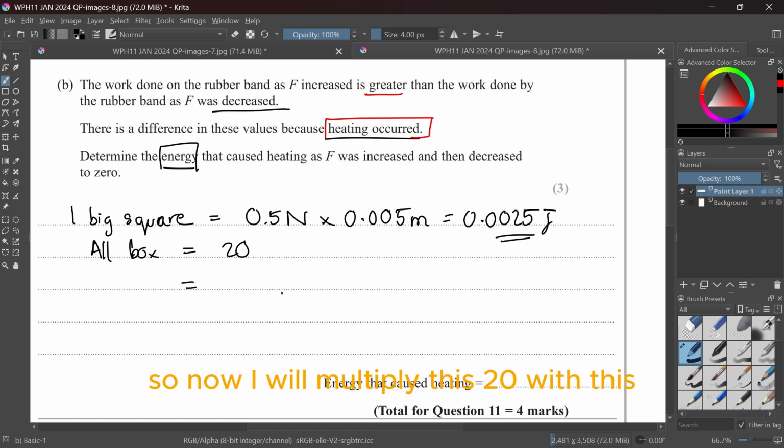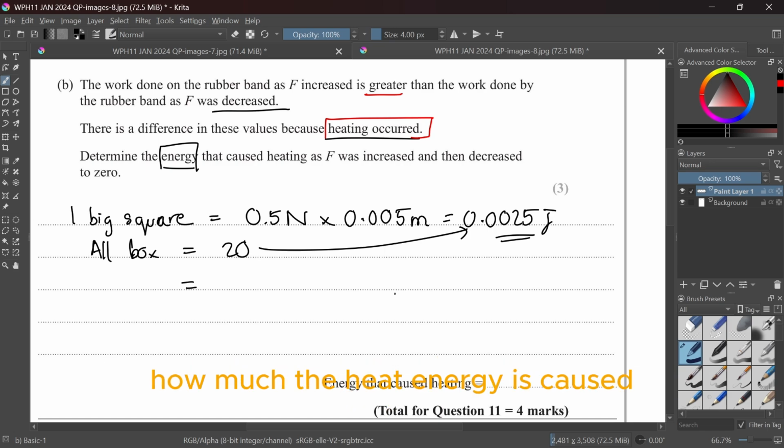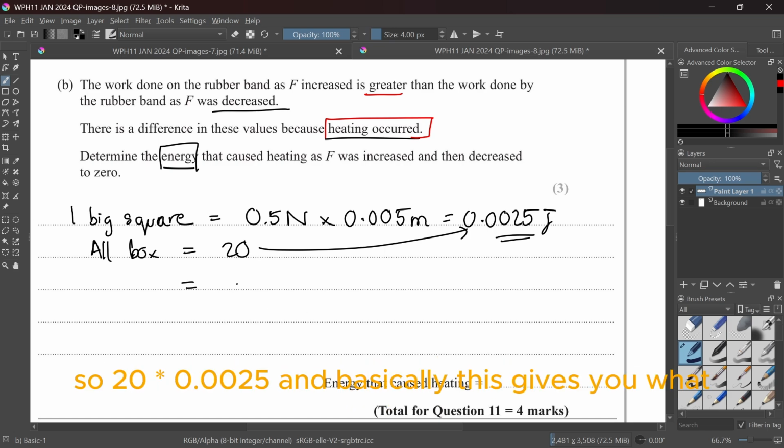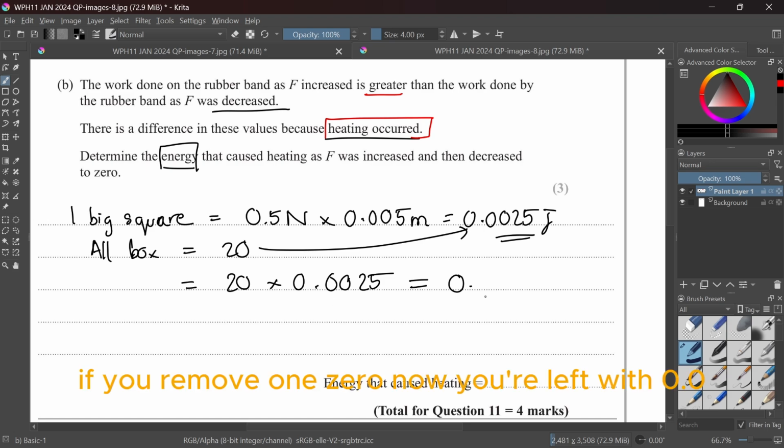So now I will multiply this 20 with this so I can know how much heat energy is caused. So 20 times 0.0025, and basically this gives me what? I think it was 0.5.